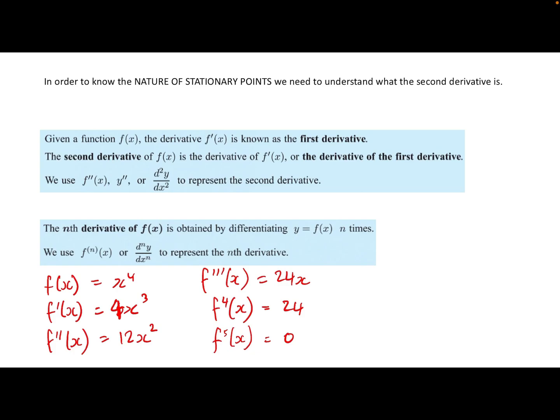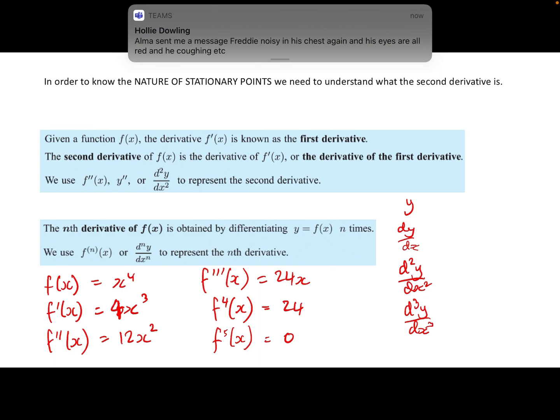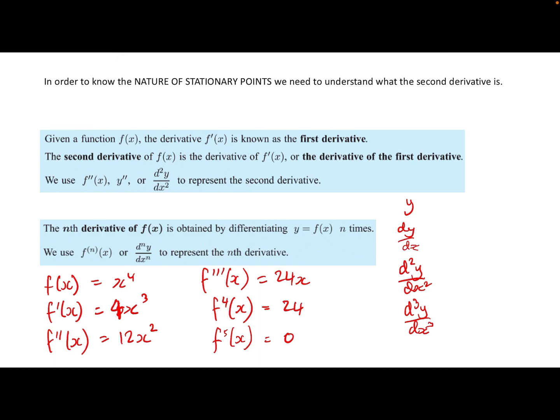Okay, so we can actually go as much as we like. The notation, if you're going to use Leibniz, goes y, dy dx, d squared y dx squared, d cubed y dx cubed, so on and so forth. And you can really do as many as the function actually allows you to do.